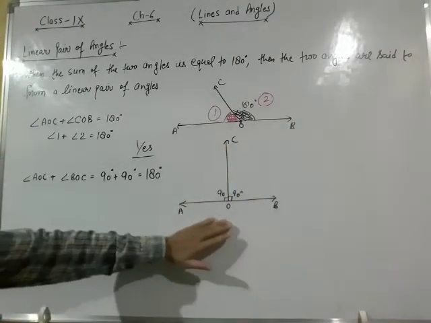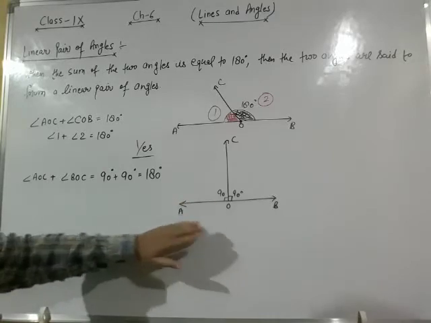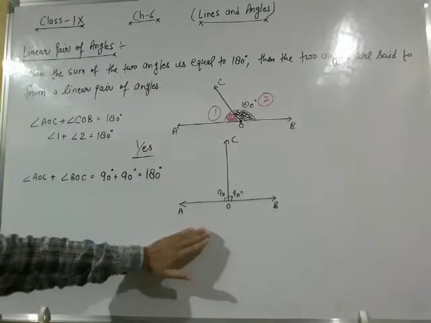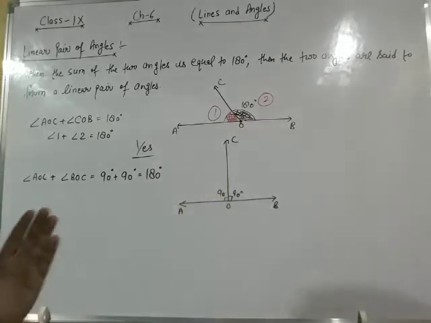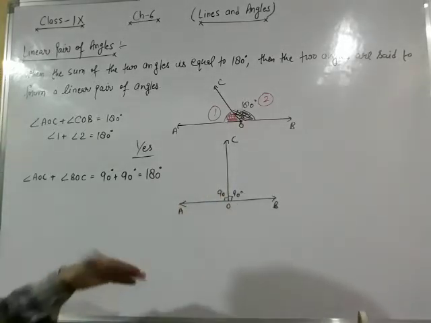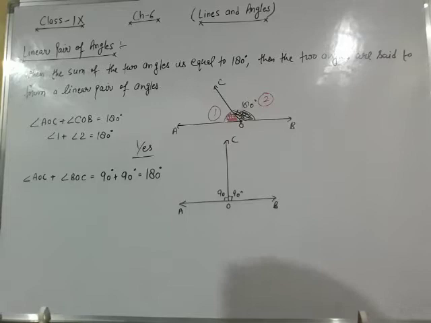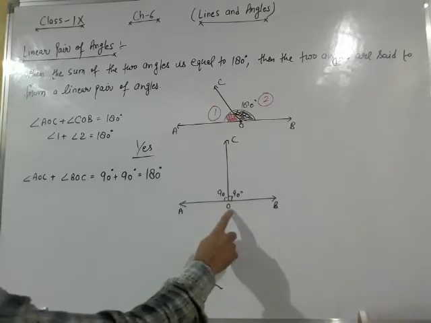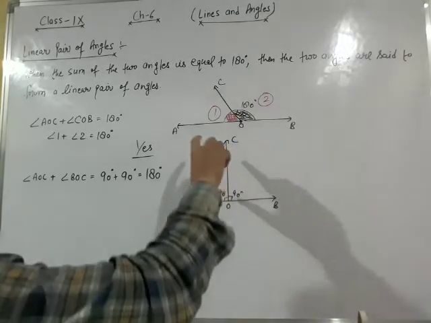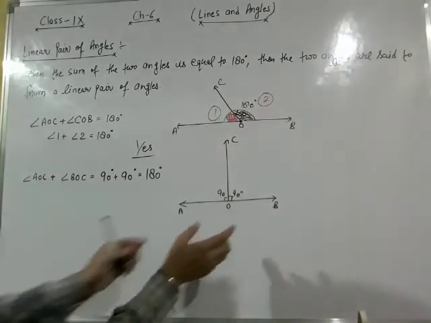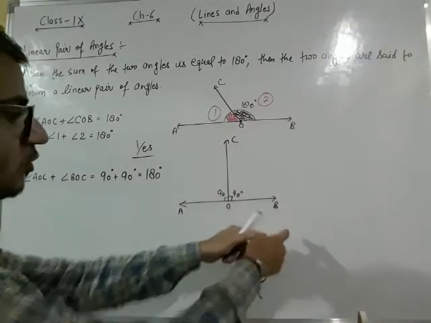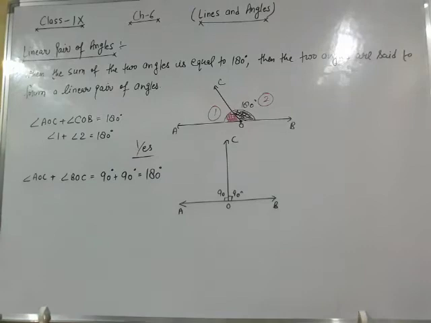Along with the condition of a linear pair of angles, these two angles are also satisfying the properties of adjacent angles, because they have one common vertex O, one common arm OC, and the two non-common arms OA and OB are in opposite directions.